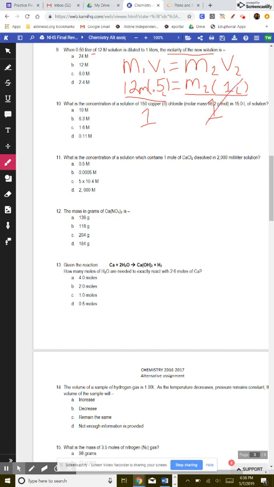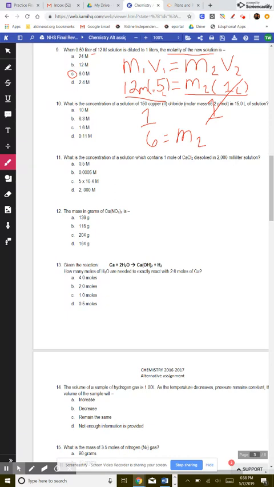Okay, so then in my calculator, I do 12 times 0.5 over 1, which is 6 equals M2. Okay, so my molarity is 6.